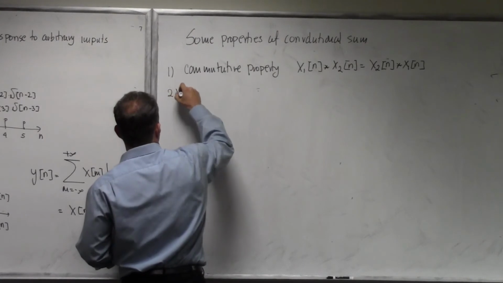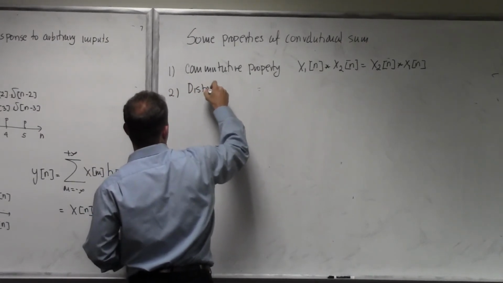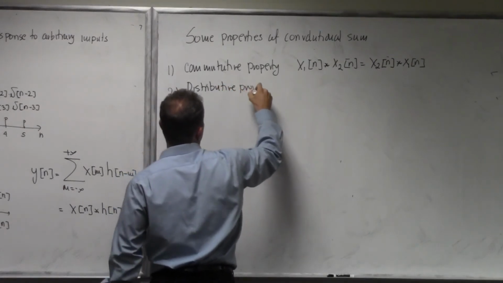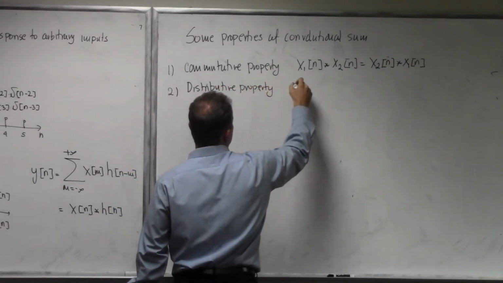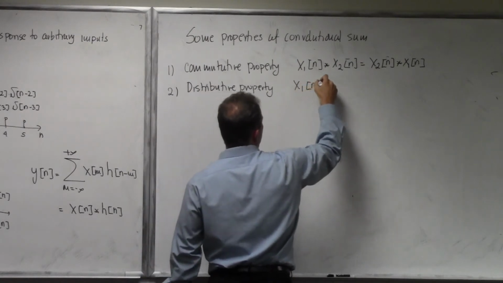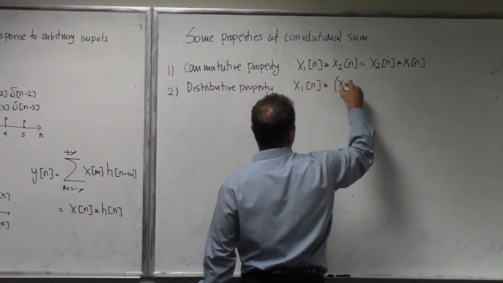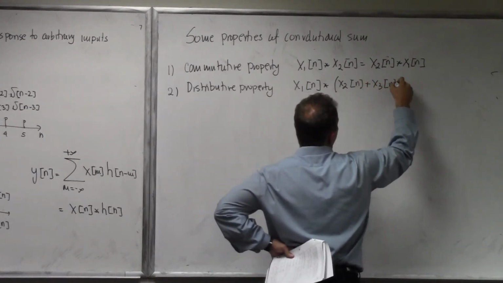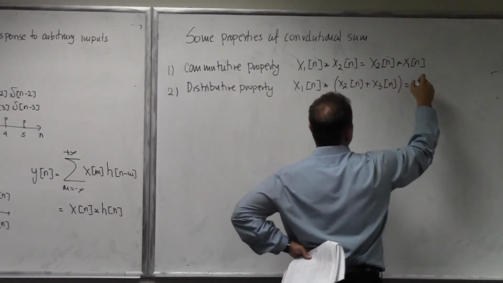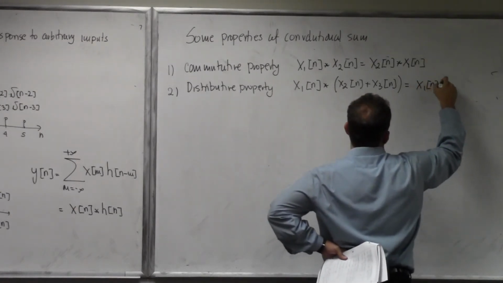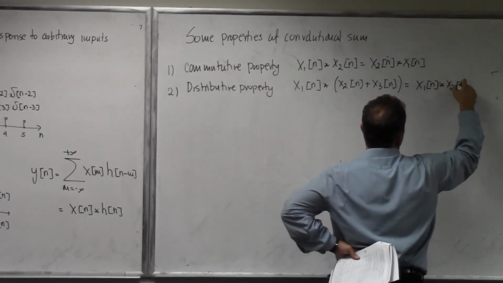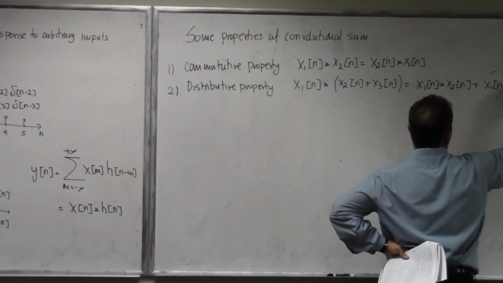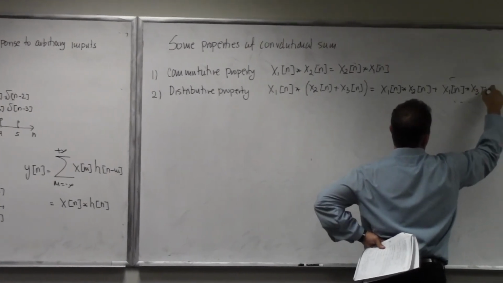The second one is distributive property. That says that x1 of n convolved with x2 of n plus x3 of n is the same as x1 of n convolved with x2 of n plus x1 of n convolved with x3 of n.